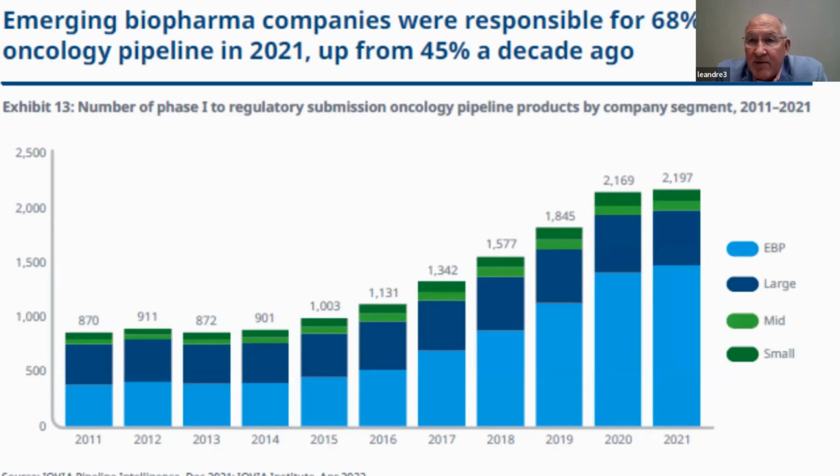The dark blue is big pharma, the green is mid and small pharma. So you can see only about a third of the work is done in big, mid and small pharma. Two-thirds of the work is done by emerging biotech, none of which have an operational infrastructure. So there's absolutely a ton of work. There aren't enough resources in our ecosystem, whether it's in CROs or internally at companies.